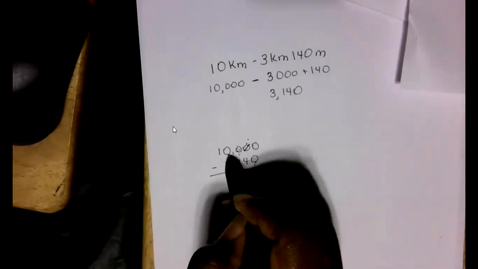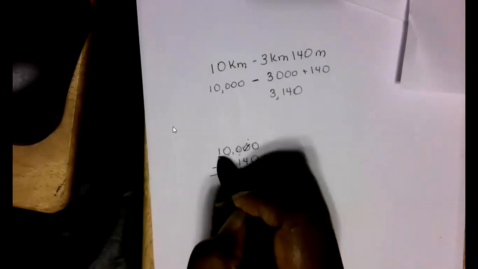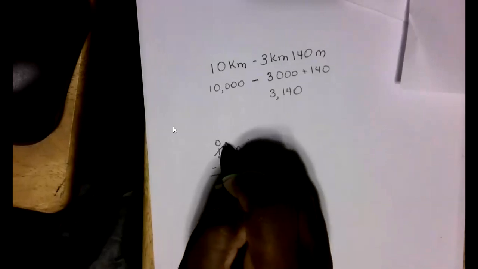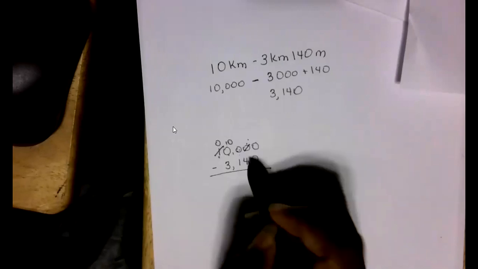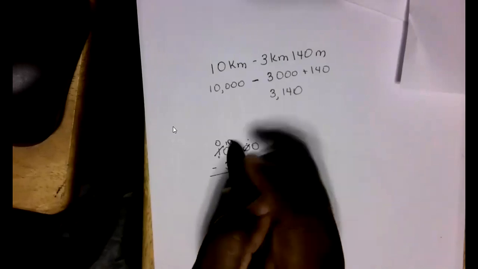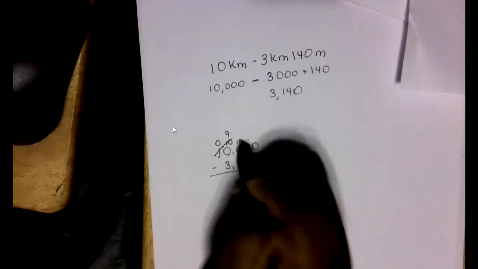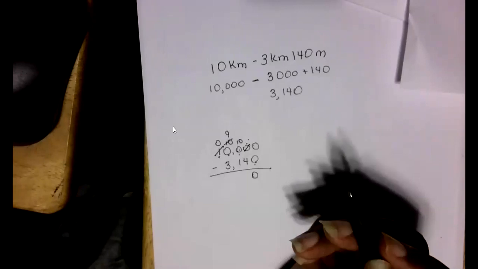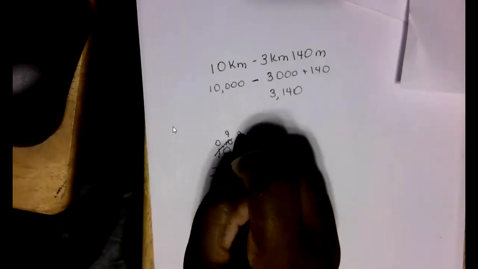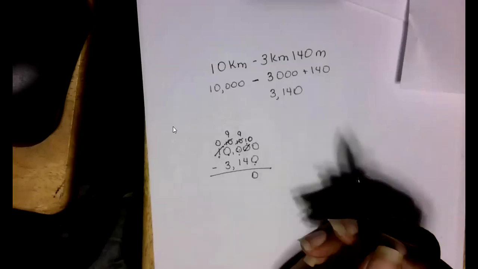In my 1,000 spot, I don't have any. So I can't unbundle there. So I have to go all the way to my 10,000s to unbundle. So I'm going to take one from that, and it automatically becomes 10. Now, did this solve my 10 spot? No. So I'm going to have to take one from here. That becomes 9, and then I'm going to put my 10 in my hundreds place. Then I'm going to take one from the hundreds place and put 10 in my tens place.